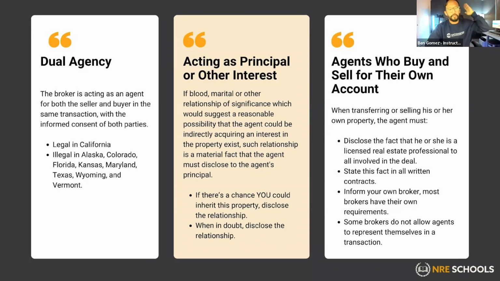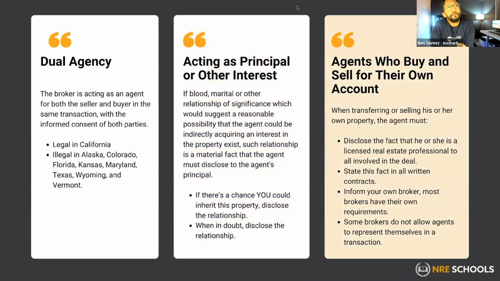If I am representing my wife's cousin's friend's sister's baby daddy's cousin's barber, that's a little farther down the line. I really don't need to mention that. If it's my third cousin, I don't think I need to disclose that either. But if there's a chance that you, the agent, could inherit that property, you do need to disclose it. And when in doubt, just disclose it. Agent related to buyer, agent related to seller. You'll be fine with that.